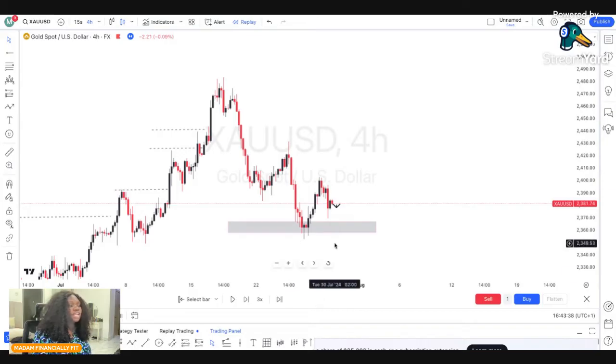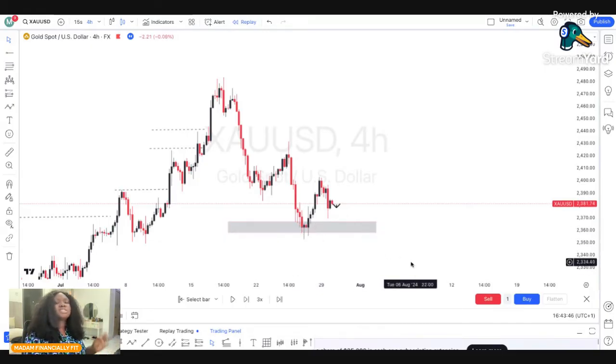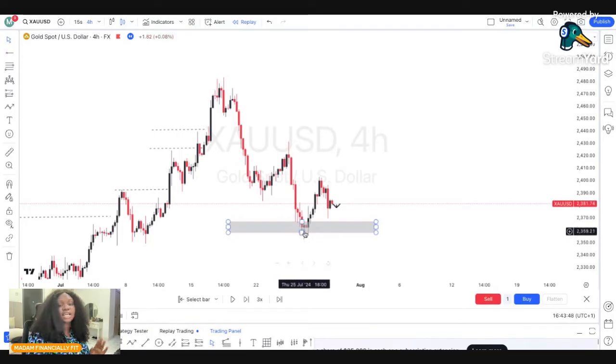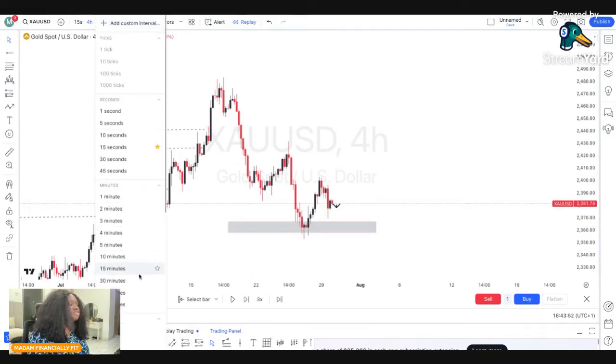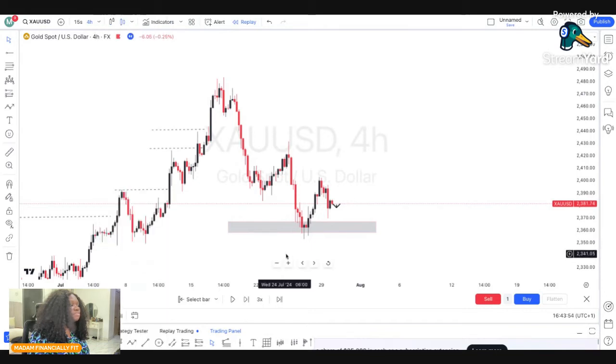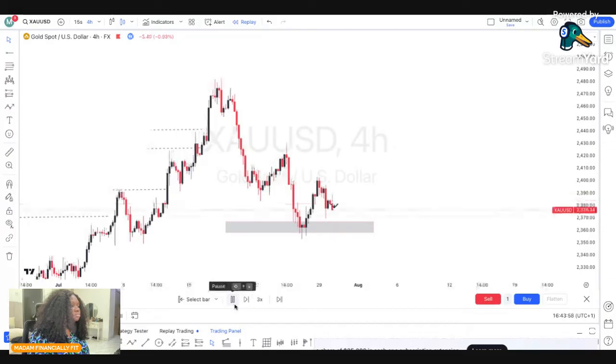Now, you can clearly see she has hit that zone. Now, if she has hit that zone, your job now is, oh, I want a confirmation entry. Let me see if she is actually giving me my pattern for me to go in here. So let's see if we can see it on the 1 hour time frame. Let's keep going for a while.